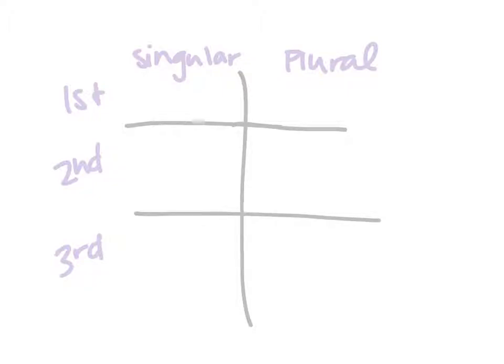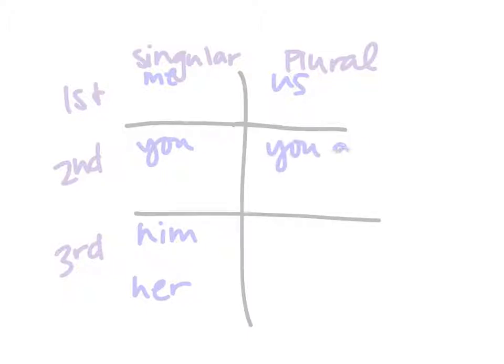So in English, our pronouns would be me, you, him, her, us, you all, or obviously depending on where you are, and then them, and we could use it.